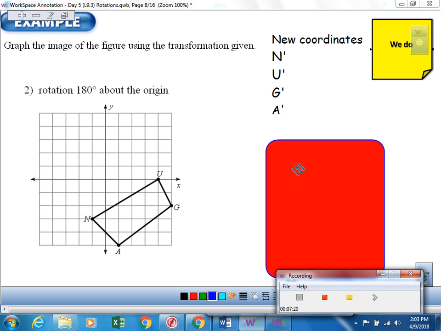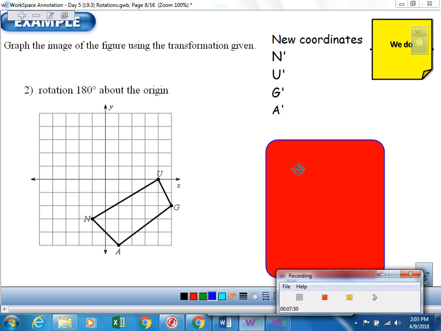So here's my paper right side up. Directions are on the top. And I'm going to just plot these points. I should be up here in quadrant 2. So I have -4, 0, and that is U prime. -5, 2 is G prime. -1, 5, that's A prime.